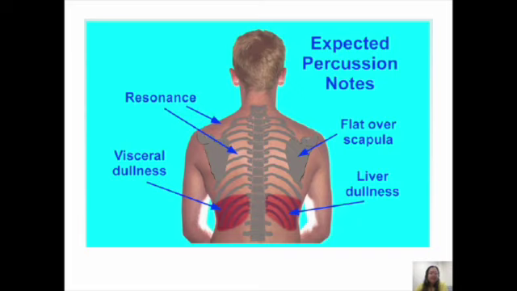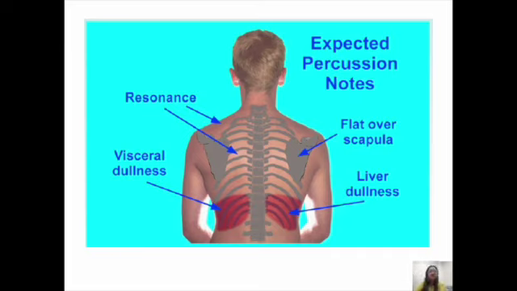These are the areas where you are going to note resonance, and you can see that in between every intercostal space you should hear resonance, and just above T1 and T2 of the shoulders, above the scapula, you should also hear resonant sounds. Once you get lower, around T10, T11, you're going to start to hear dullness.